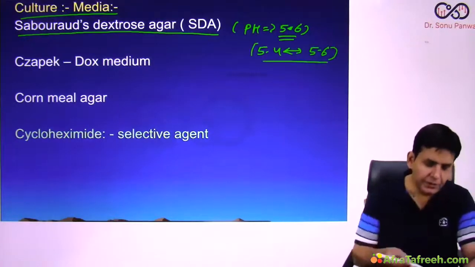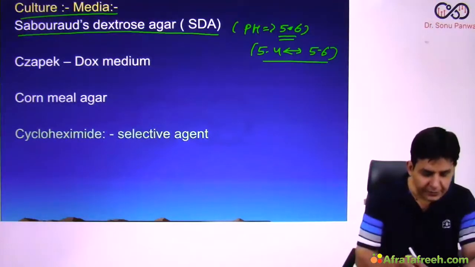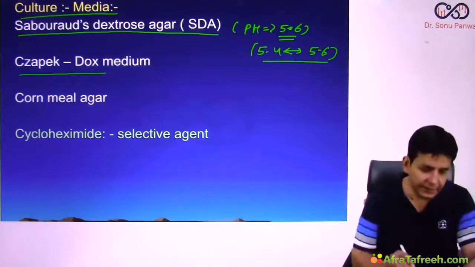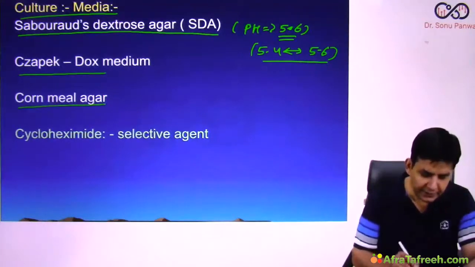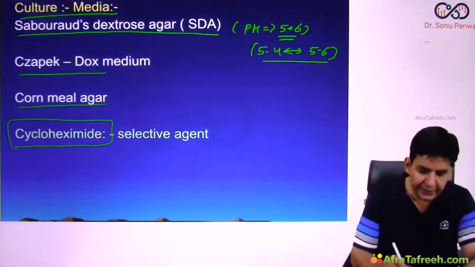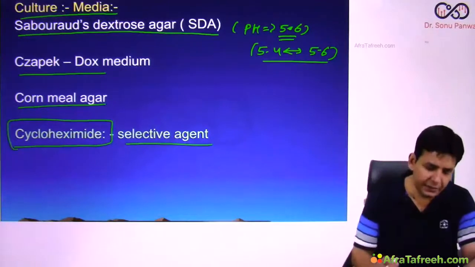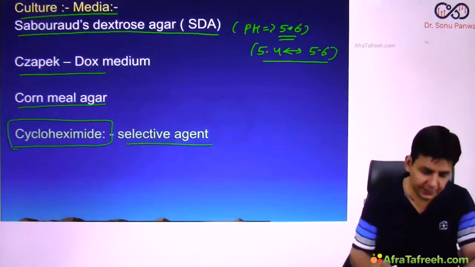So Sabouraud dextrose agar is a universal fungal culture media. Everybody knows that. Czapek-Dox, this name you need to remember, and cornmeal agar. And to all these medias, you can add an antibiotic, cycloheximide, and a number of other antibiotics, to make it selective for the fungus.